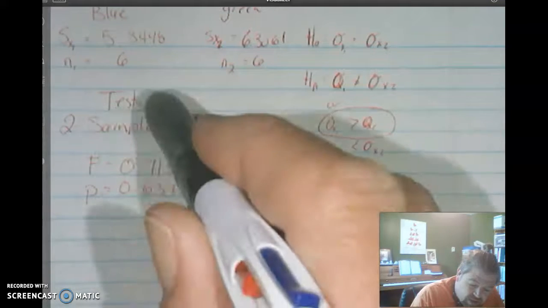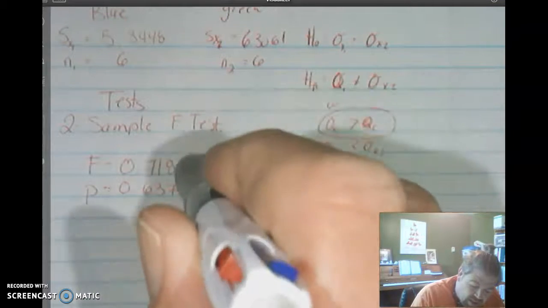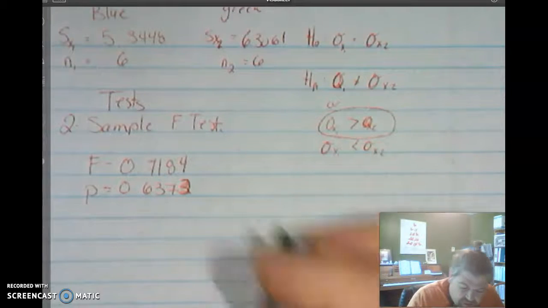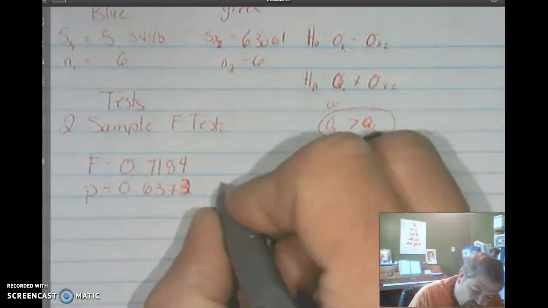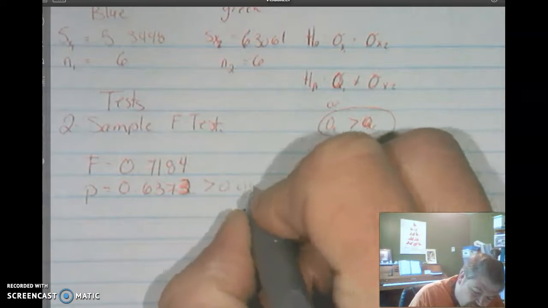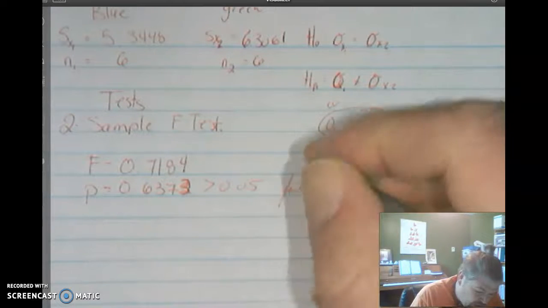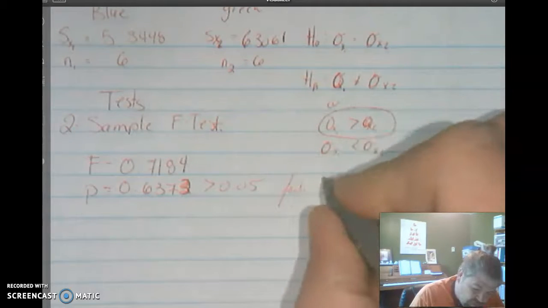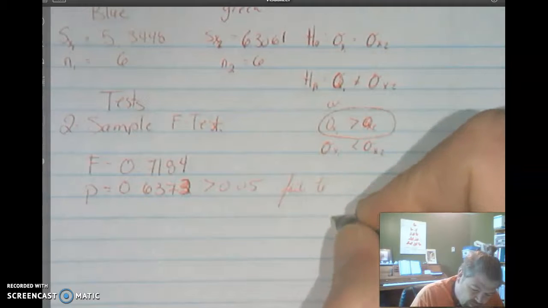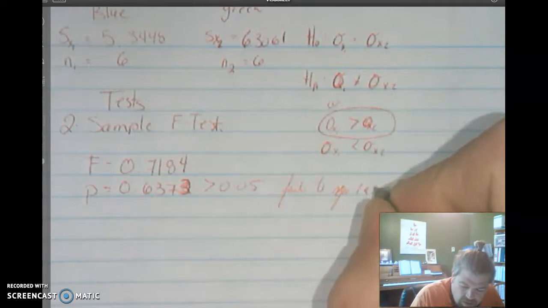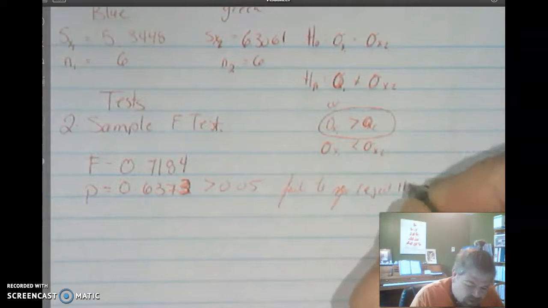I've stated what test I'm using. Here's my F test. Here is my p-value. And so then I can go, well, that's bigger than 0.05. So that means I'm going to fail to reject the null hypothesis.